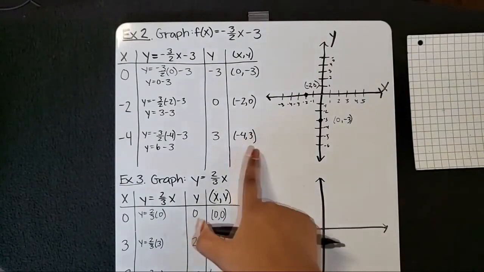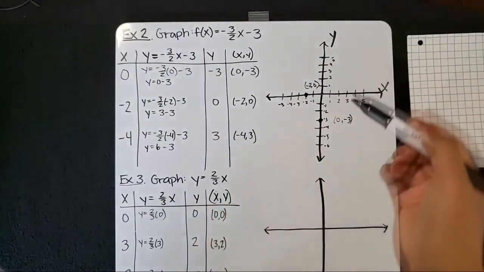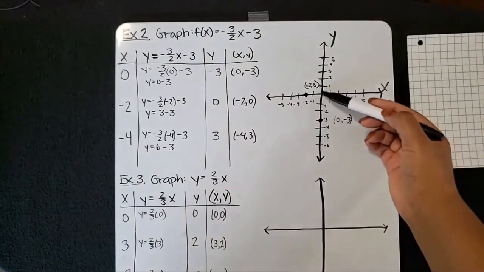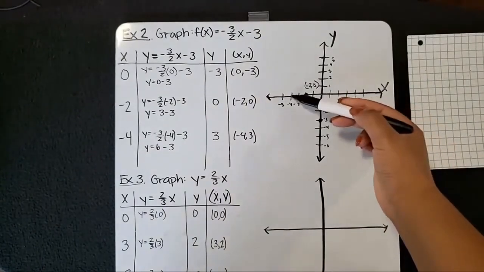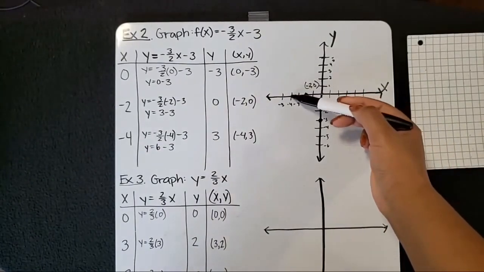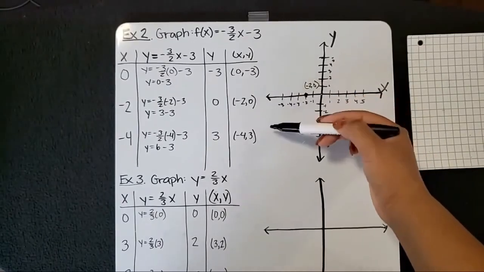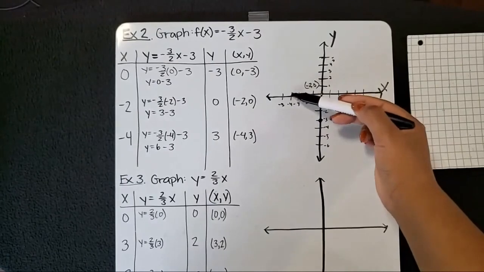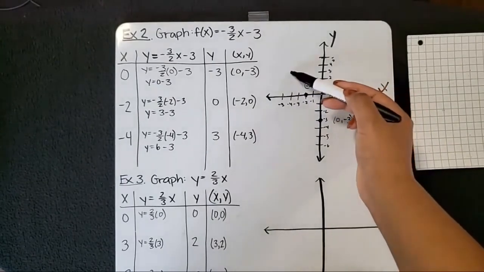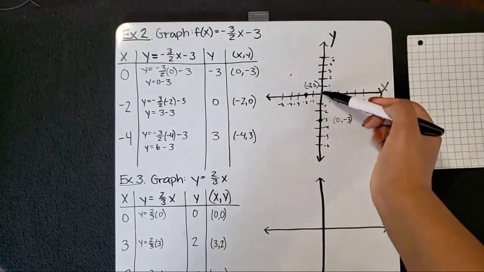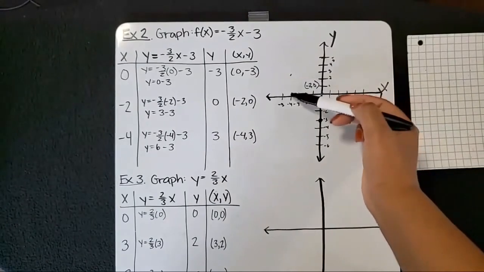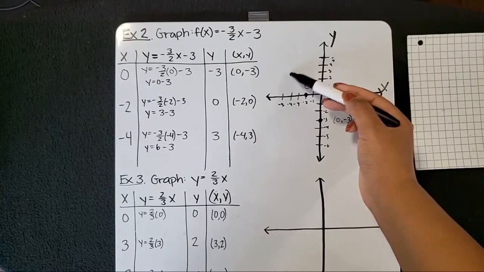Now we have -4, 3. So from our origin, we need to go to the left 4, because remember this is the negative axis. So we go -4, and then because our y is 3, we go up 3. So we go from the origin, left 4, up 3.